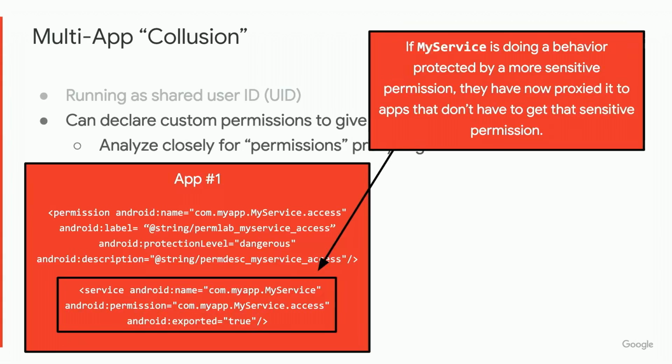And that's fine, that's good. The problem comes in is if my service right here is doing a behavior that is protected by an even more sensitive permission, then we get into this proxying situation. So what this could look like, for example, is let's say my service was silently downloading and installing apps. That behavior is a signature or privilege permission, and it's called install packages.